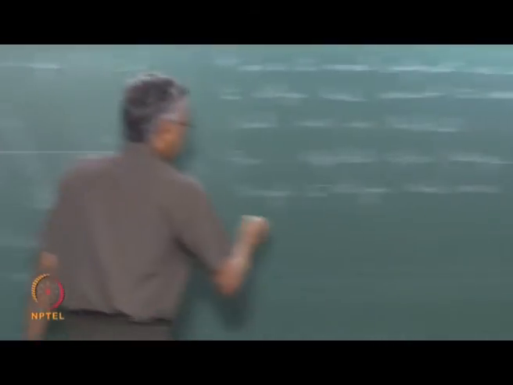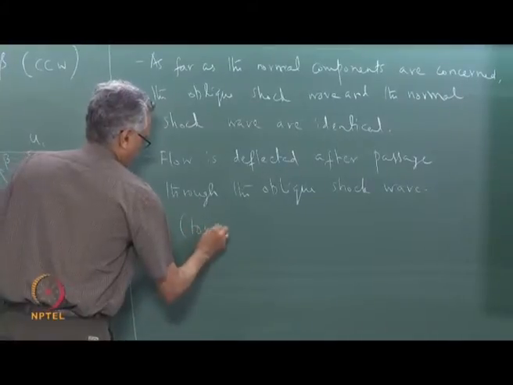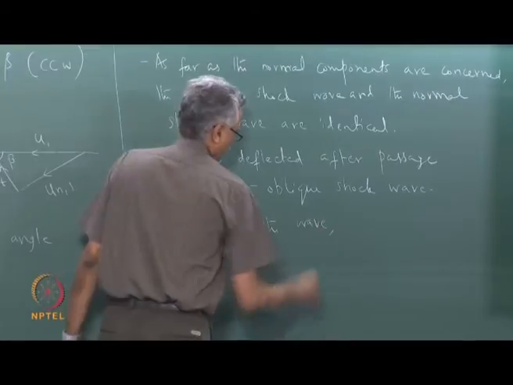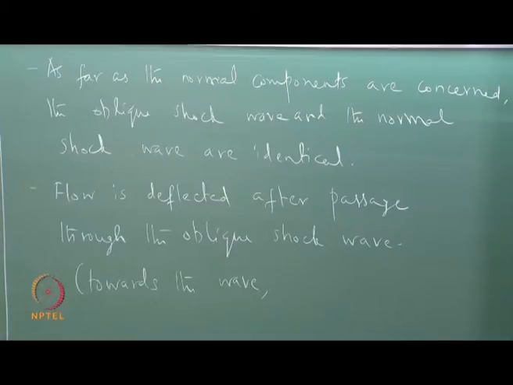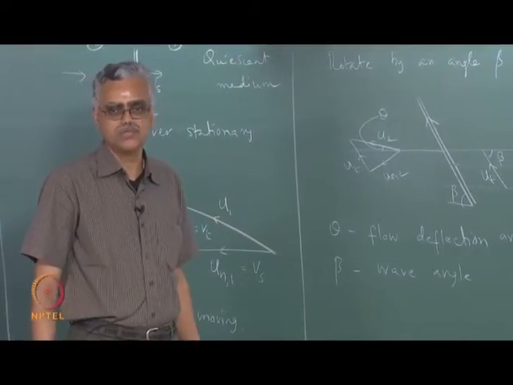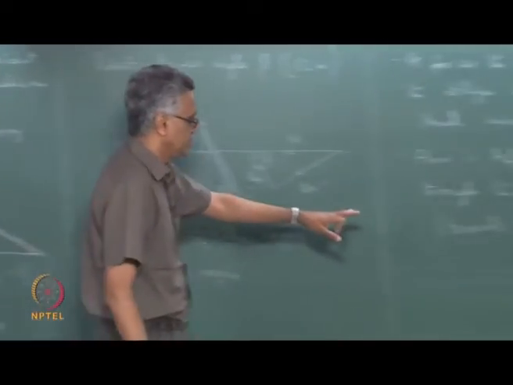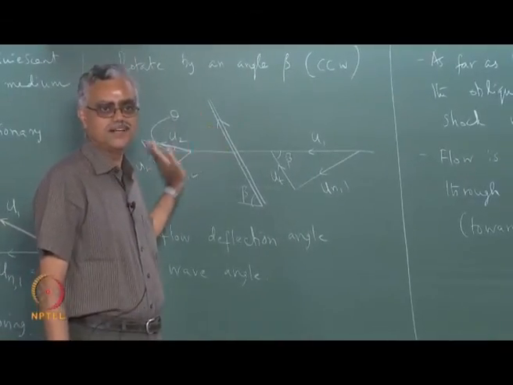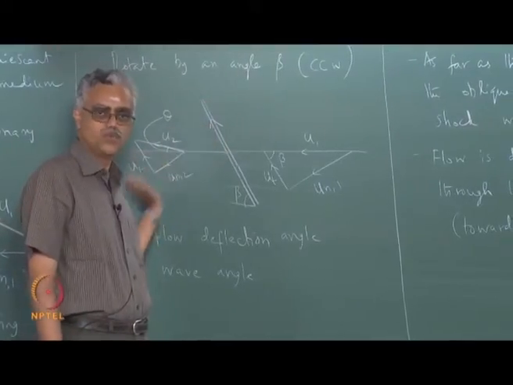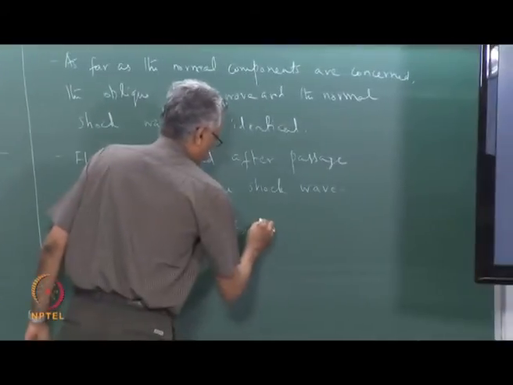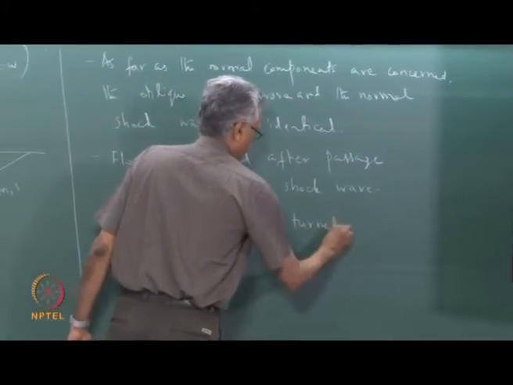The flow is deflected towards the wave. Or equivalently, there is another terminology that is usually used, the flow is turned into itself is what people use, although that is very confusing. I prefer this because this has a direction. So, you can easily see whether the vector is shifting towards this direction or moving away from this direction. So, I do not like this other terminology, but that is also used. Flow is turned into itself.